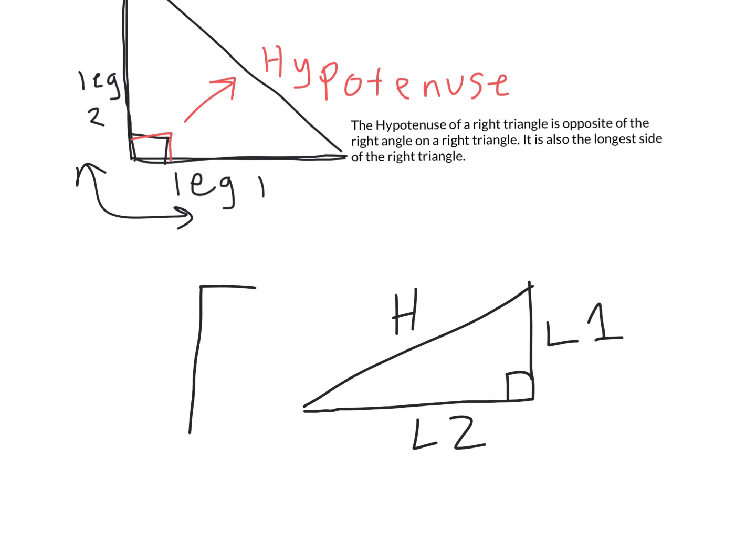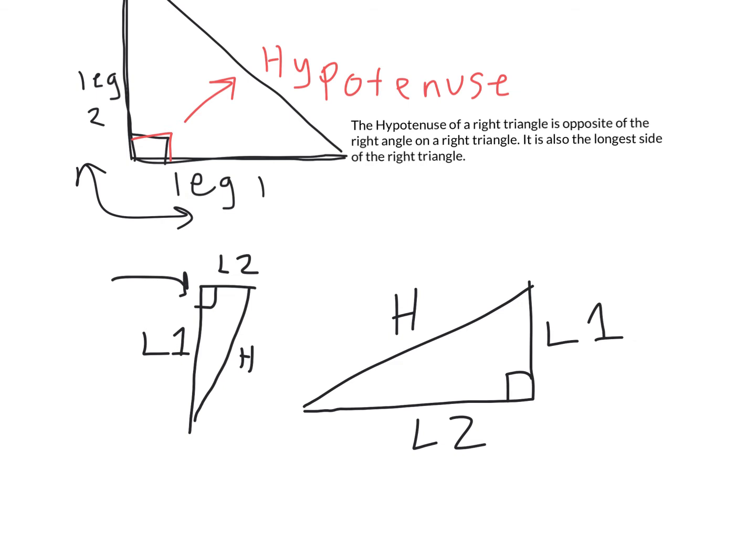That's a really bad attempt at a triangle. So it doesn't matter if it's drawn like this and our 90-degree angle is right here. We would then have, again, these legs are interchangeable, so leg 1, leg 2 make up that 90-degree angle, and our hypotenuse is across from it, right?